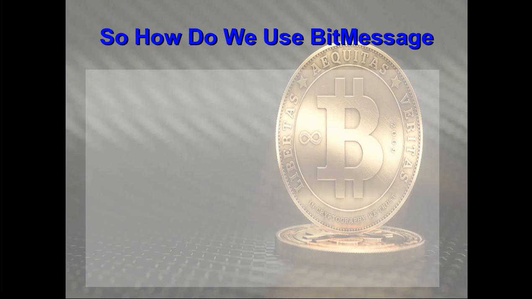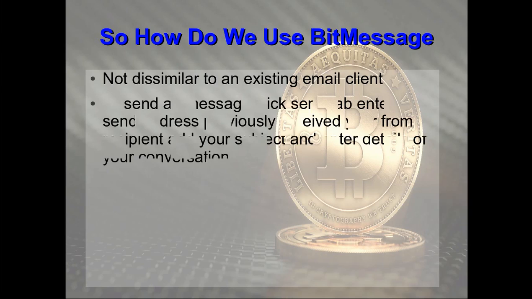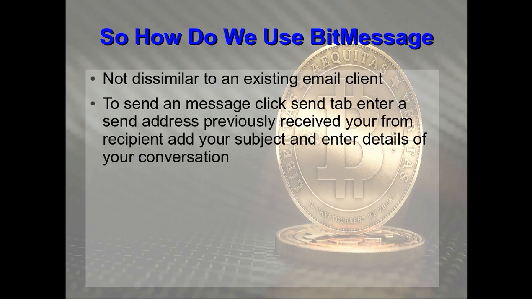So how do we use bitmessage? Well, it's not that dissimilar to an existing email client. In an existing email client, you will have your message displayed with from, to, subject and message composition. In bitmessage, it's exactly the same. You have already your recipient address.